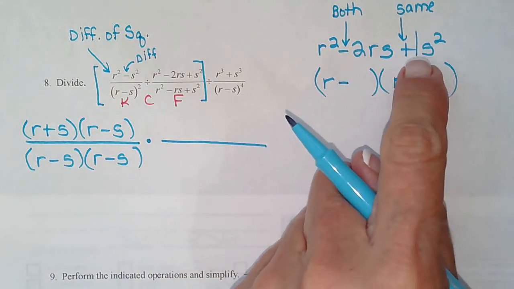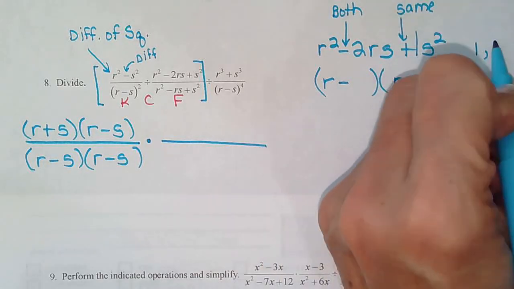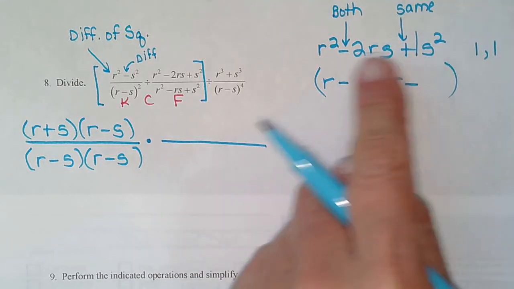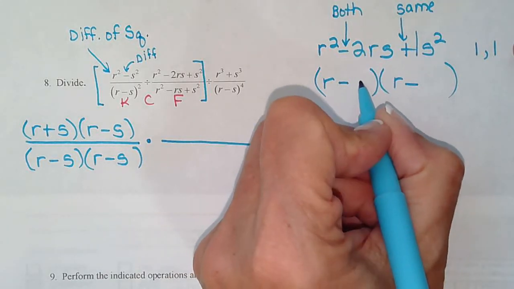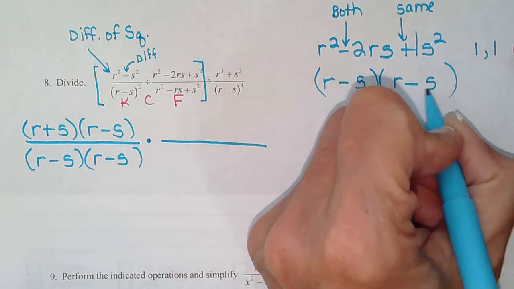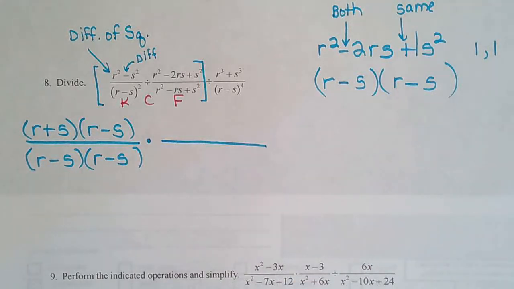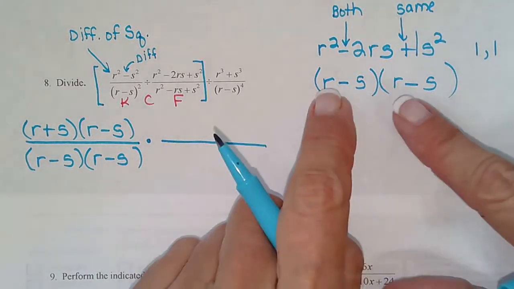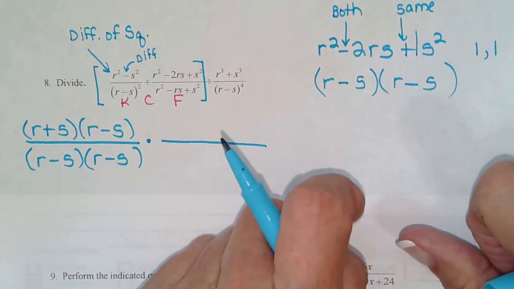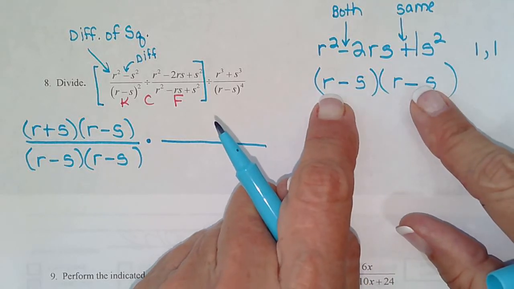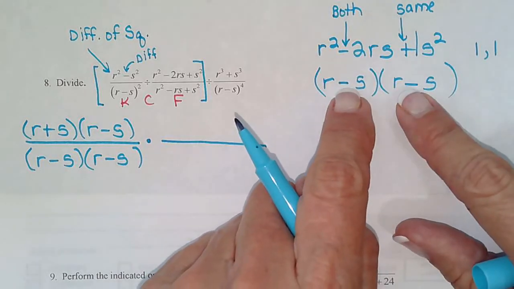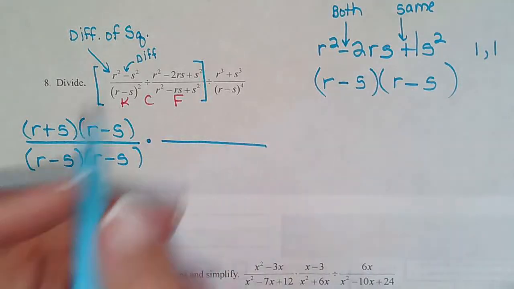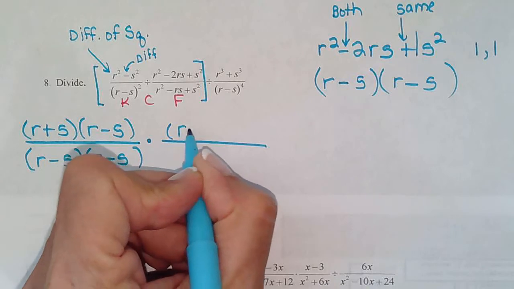So we're looking for factors of 1. 1 only has one set. That add to 2, that would be it. So it'd be 1s and 1s, or just s and s. And let's say you're not convinced you did it right. FOIL, r squared minus 1rs minus 1rs is minus 2rs plus s squared. So it is indeed correct.